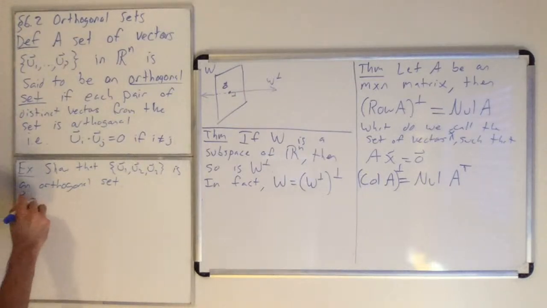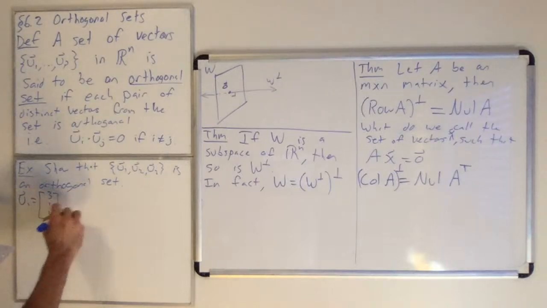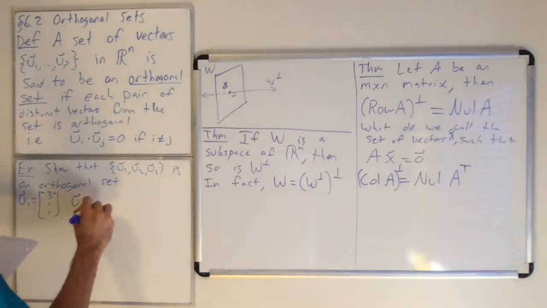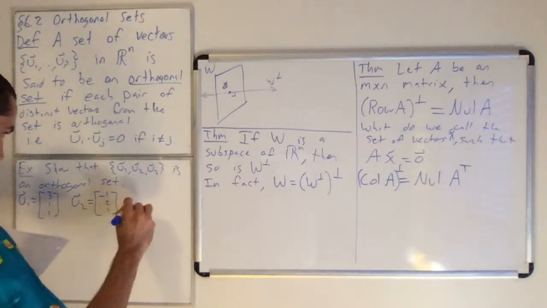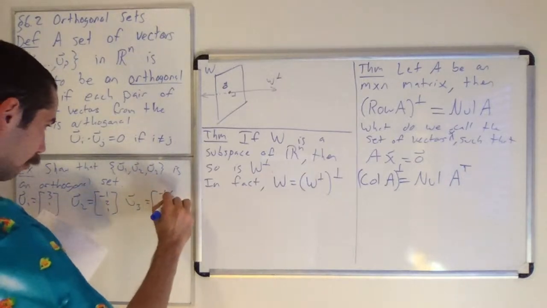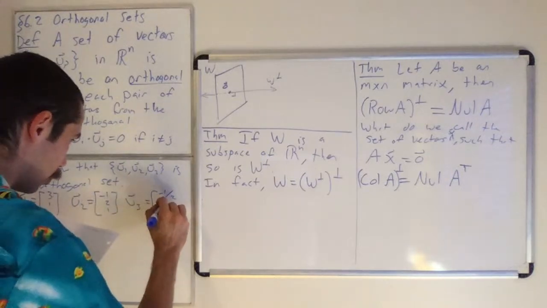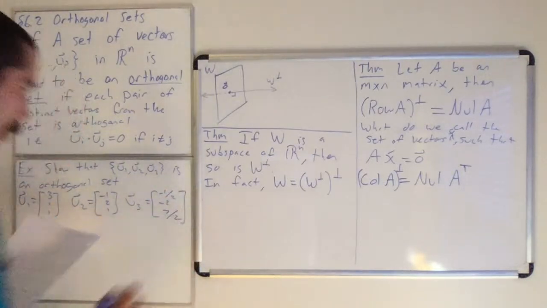Here U1 is equal to (3, 1, 1), U2 is equal to (-1, 2, 1), and U3 is equal to (-1/2, -2, 7/2).